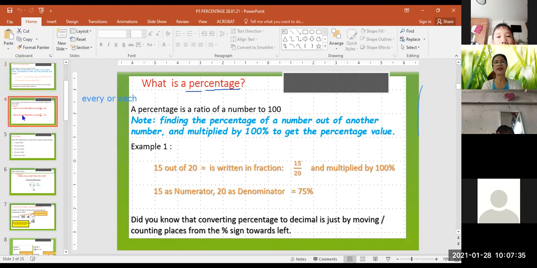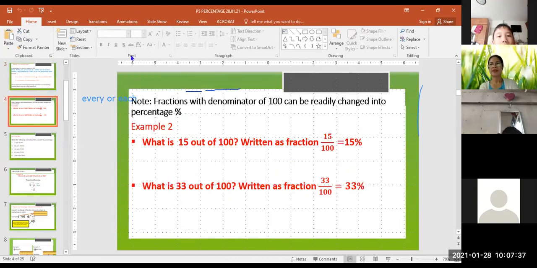Now, on the screen you would see, this is just a review from last time: what is 15% or 15 out of 100? You can write it as a fraction, 15 over 100.